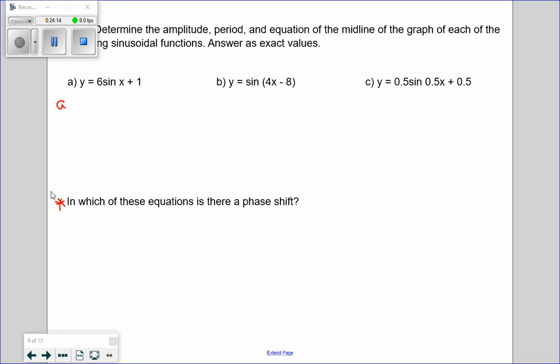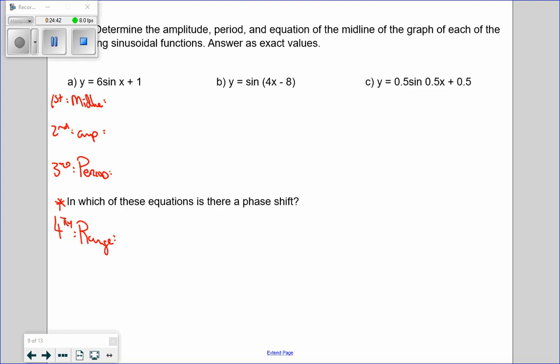I'm going to stick to the first, second, third rule that I just said. So we're going to do midline first, and then the amplitude, and then the period. And I would like you to put a fourth one in there: range.